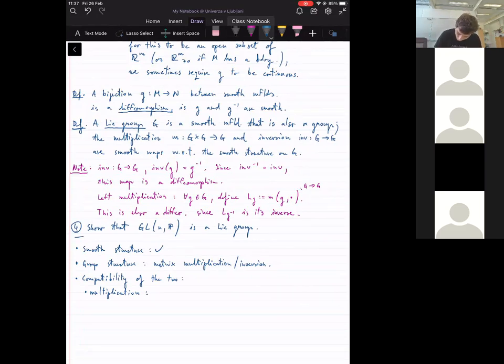So we have M that goes from F^{n×n} times F^{n×n} into F^{n×n}. This is a smooth map because its components are polynomial functions of the components of the two matrices that are being multiplied.